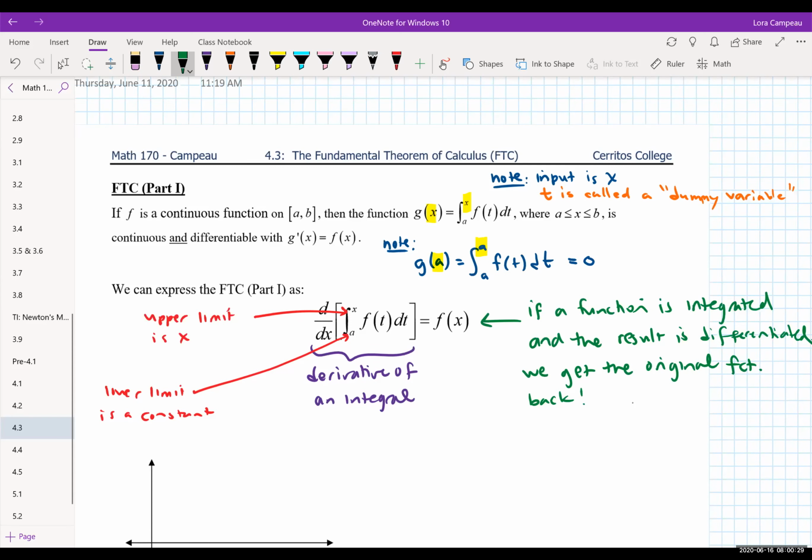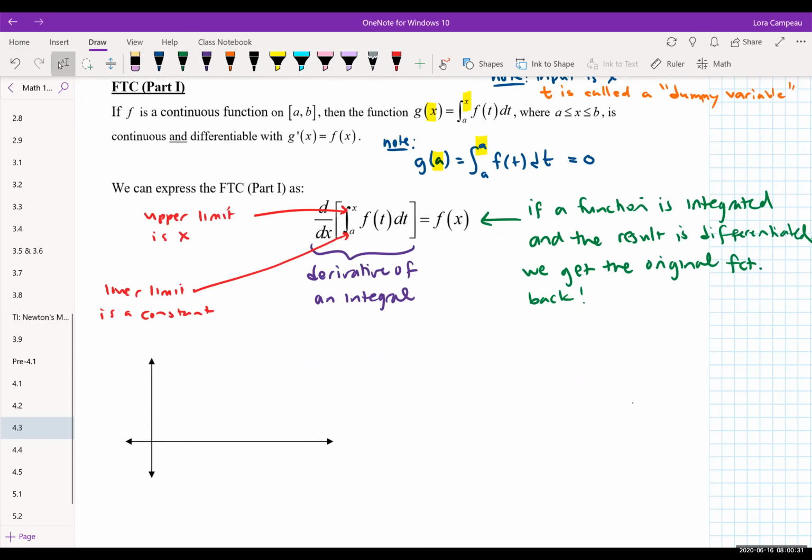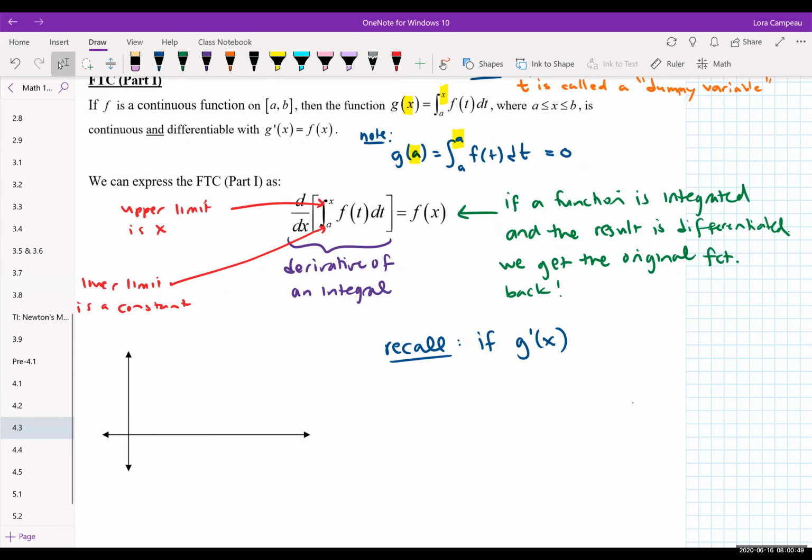So let's see if I can recall what we were doing when we were integrating in the first place. So let's look at this. Recall, we talked about the analogy of a trash collector. If I have g prime x, which by the way is going to be equal to the function after we take the derivative of the integral.